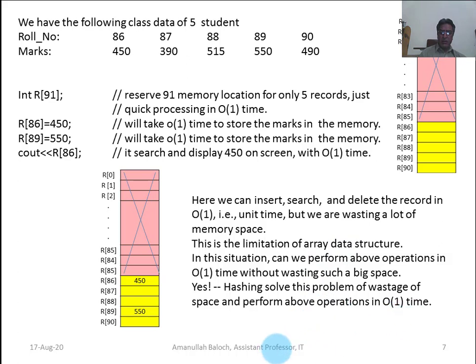In this situation, can we perform the above operations in O of one time without wasting such a big space? Yes. Hashing solves this problem of wastage of space and performs the above operations in O of one time. Now we will see how hashing covers the limitation of the array, that is, it will not waste the memory, and it will insert, delete or modify the data in O of one time.